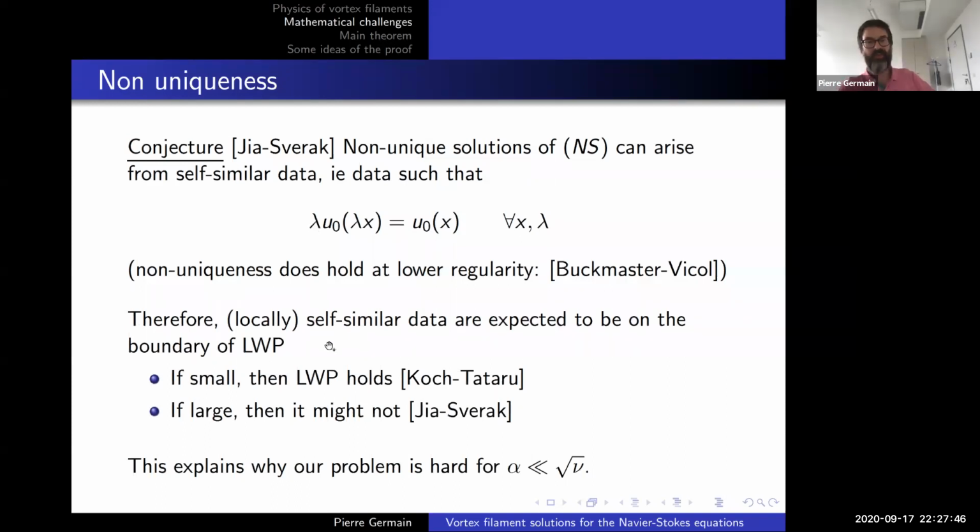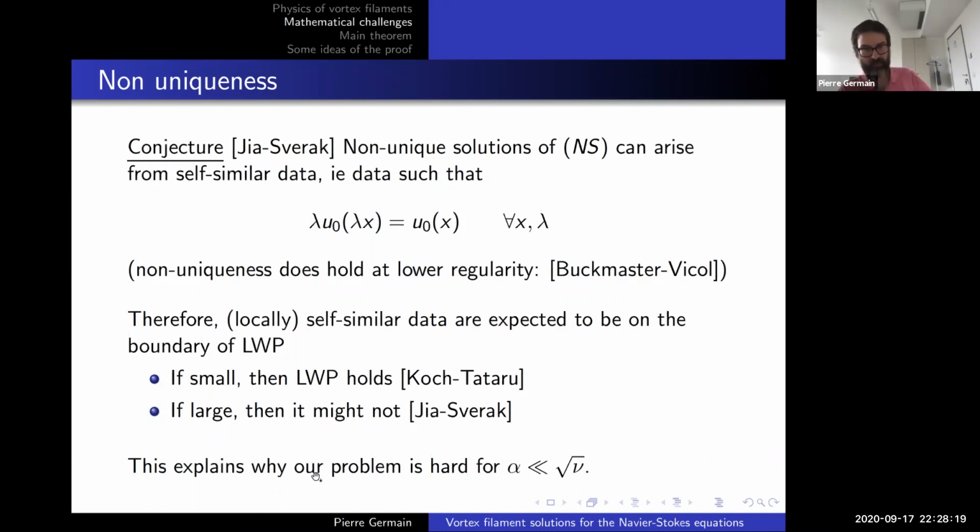Right, so what I'm saying here is that if you have self-similar data or locally self-similar data, under a smallness assumption, then you expect to see local well-posedness, as was proved by Koch and Tataru. But if locally self-similar data are not small, then, you know, bad things might happen, as was conjectured by Jia and Šverák.